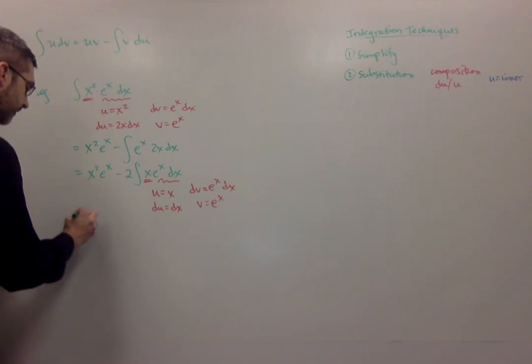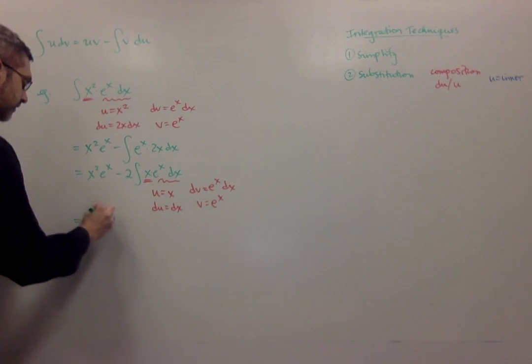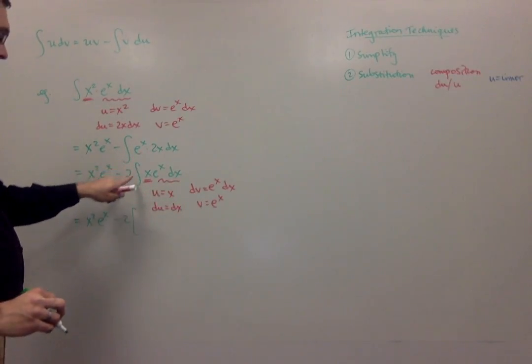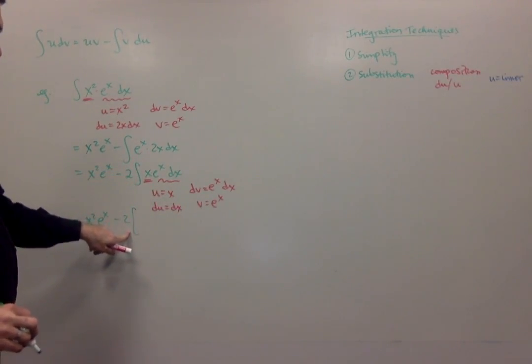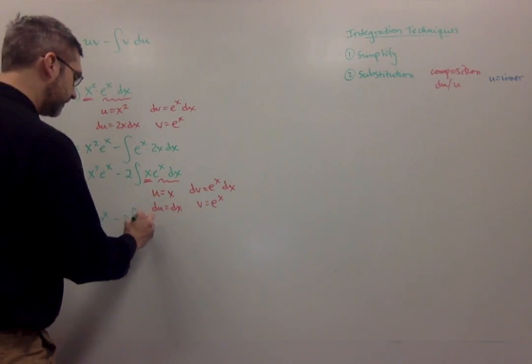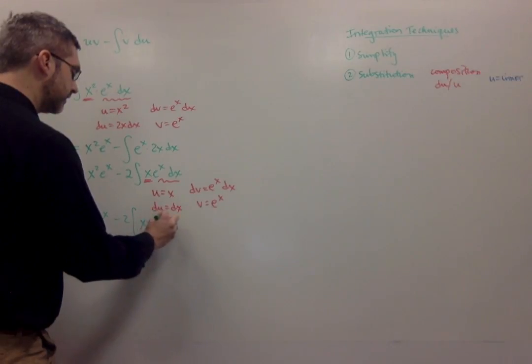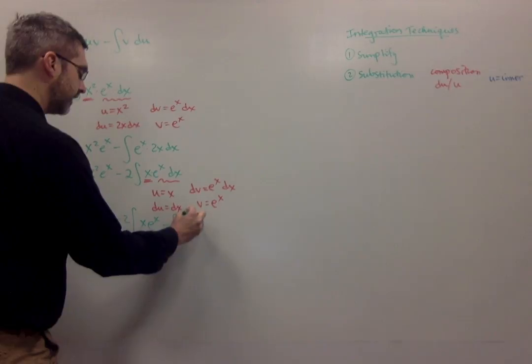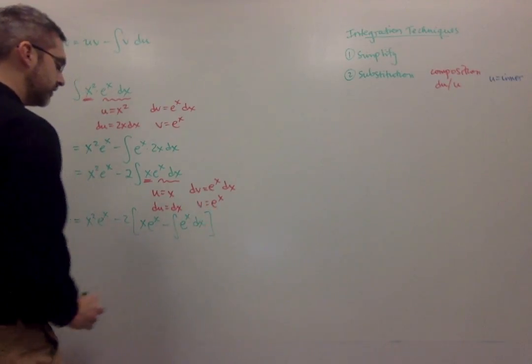So, here I'm going to ask you to please use parentheses. This integral right here, again I'm going to use parentheses and then later multiply out, is going to be u times v, so x e to the x, minus the integral of v, e to the x, times du, which is just dx.